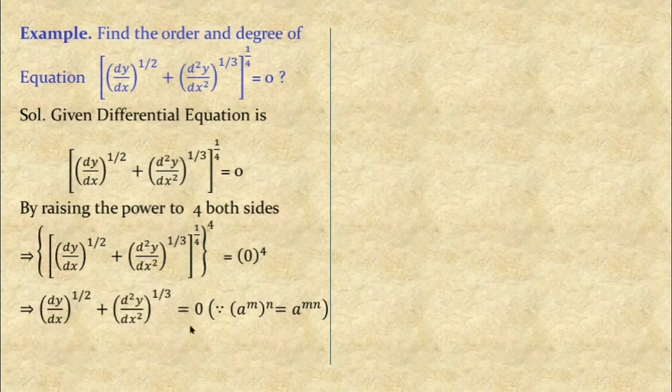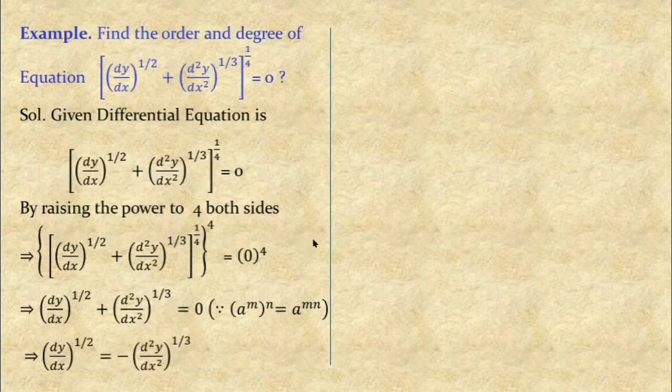Now this is again not in polynomial form, because whole power 1/2 and whole power 1/3 are not integers. To transform this equation into polynomial form, first we bring the d²/dx² term to this side.